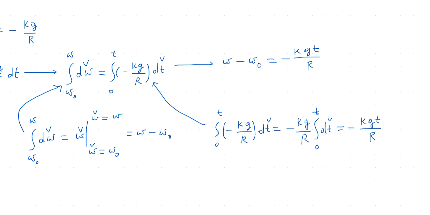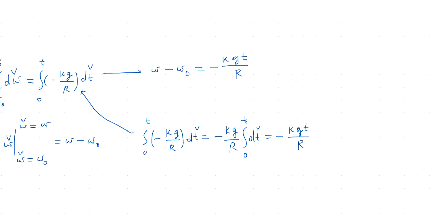And at last we have that omega is equal to omega 0 minus k g t divided by r. Okay, do you have any questions about this?